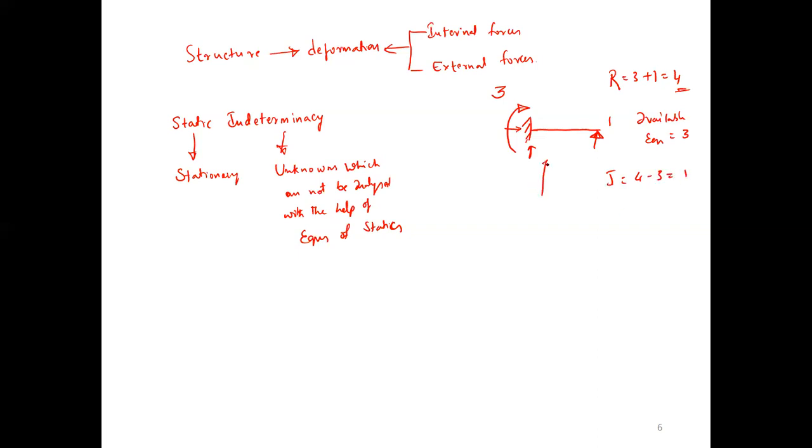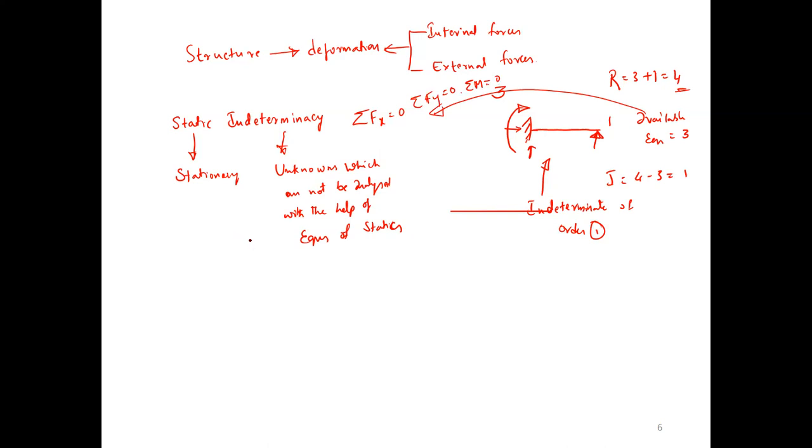So this is indeterminate of order 1. We can say that it is indeterminate by looking at the beam, by determining the external reactions and the available equations. We know that the available equations are 3: sigma Fx equals 0, sigma Fy equals 0, and sigma M equals 0, right?